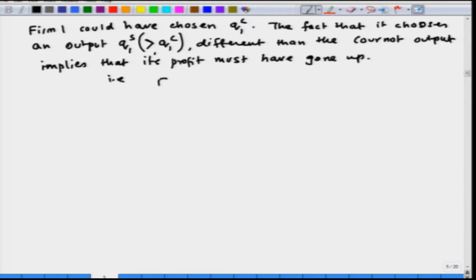That is, the profit under the sequential move game for firm 1 is greater than the profit that it would get under the Cournot model.